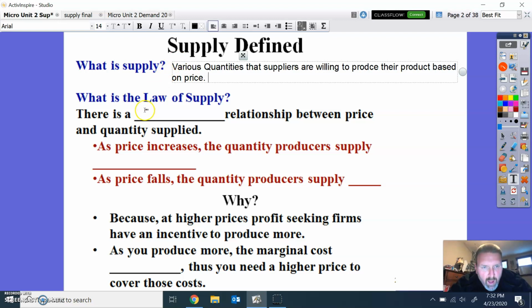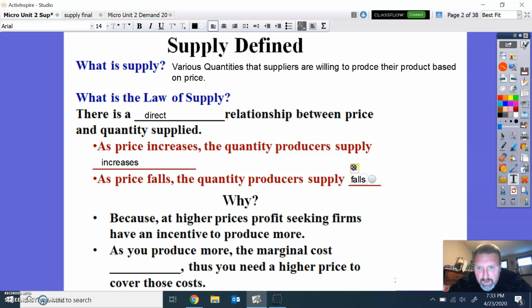Okay? Unlike the law of demand, there is a direct relationship between price and quantity. So as price goes up, the quantity producers supply increases. And as price falls, the quantity producers supply falls.